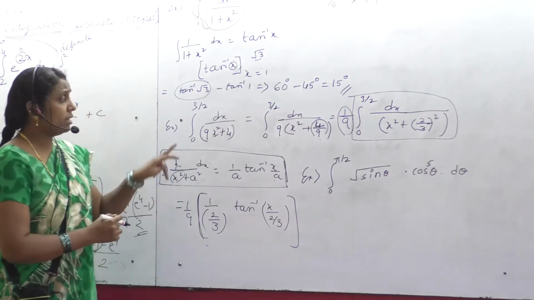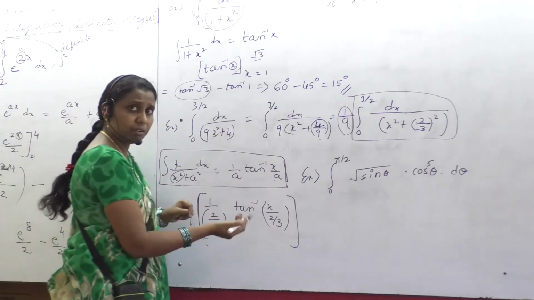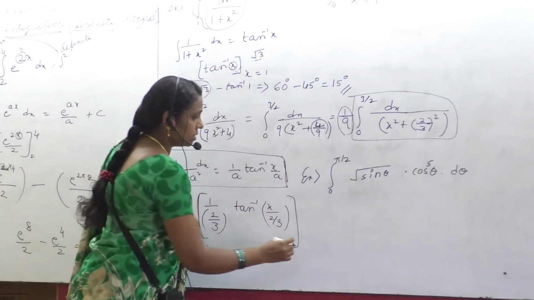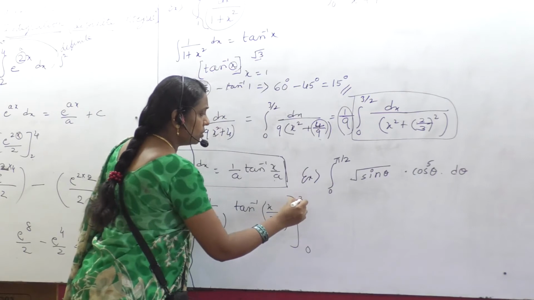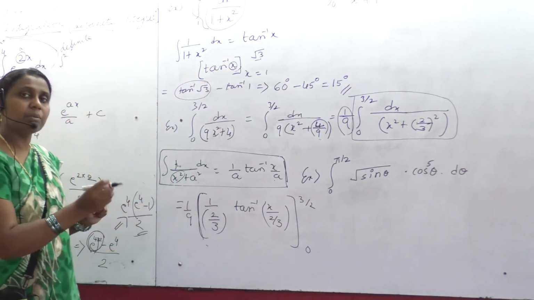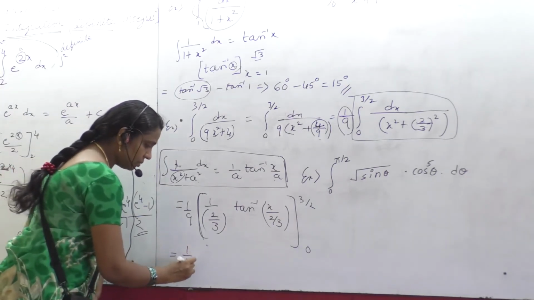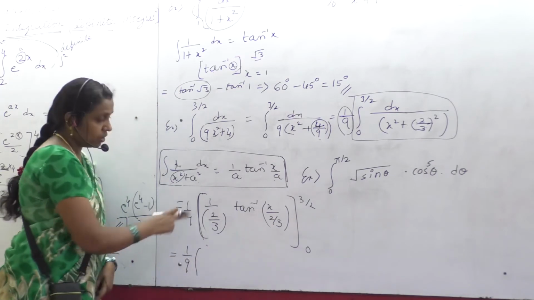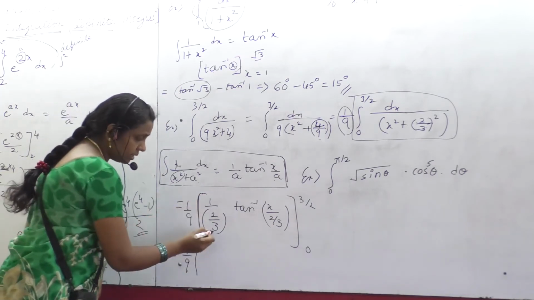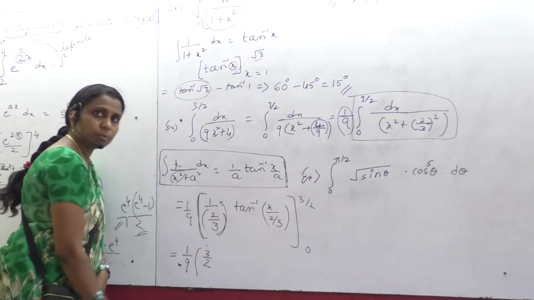Plus C we would have written if the limits are not given. If limits are given, then you have to continue further. Extra simplification is there. So what to do? 0 to 3 by 2, you have to consider limits in place of x. Now what will be the answer? Just check this out. 1 by 9. Okay. 1 by 2 by 3, it will be reciprocated, 3 comes in the numerator. 3 by 2.